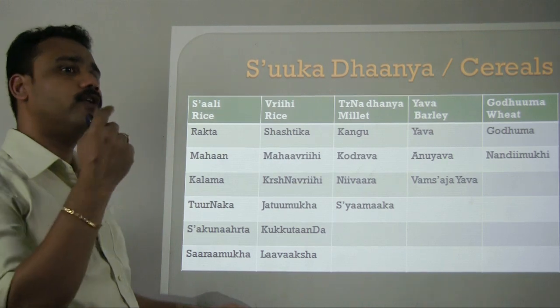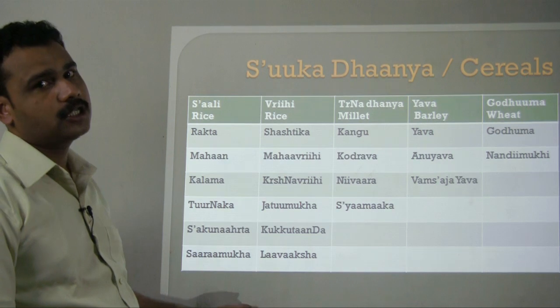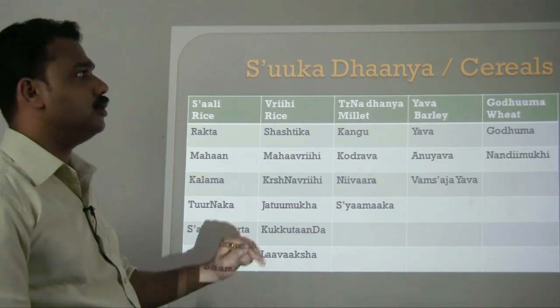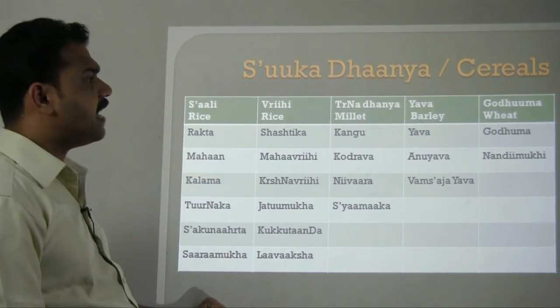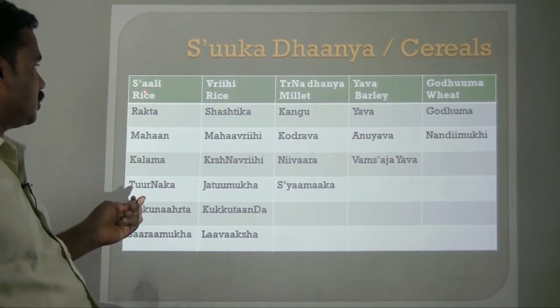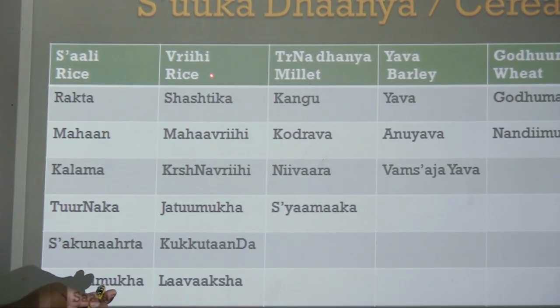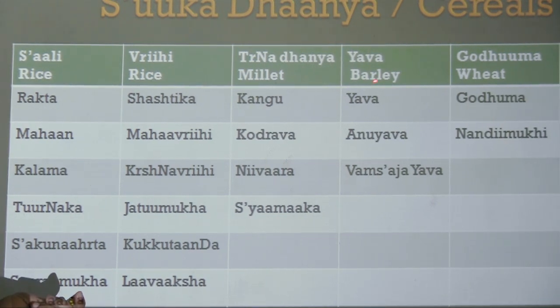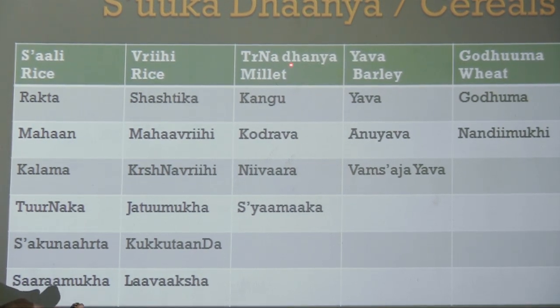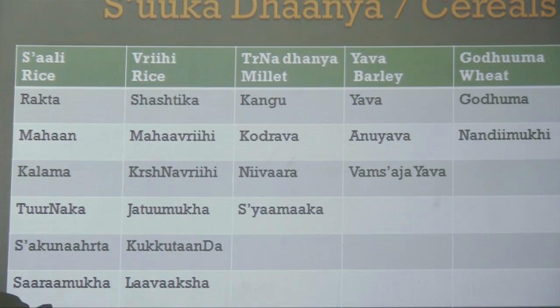So now we are focusing on Shuka Dhanya, which are cereals, which the text subclassifies into 5. You can see that there is Shali, which is a specific kind of rice. Again Vrihi, which is another type of rice. Trinadhanya: Trina literally means grass, and Trinadhanya means grains of grass, which are scientifically known as millet.